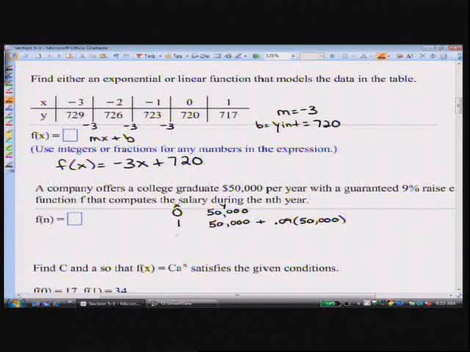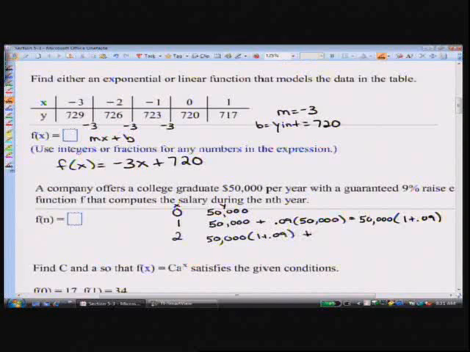Now in the second year, you're going to make this amount, and let me write this equation as, I'll factor the 50,000 out, 1 plus 0.09, right? And then the next year, you're going to make that amount, 50,000 times 1 plus 0.09, plus 9% of this amount, which was the 50,000 times 1 plus 0.09.